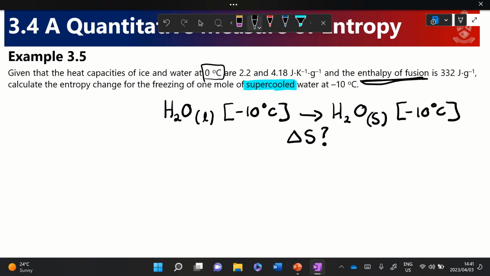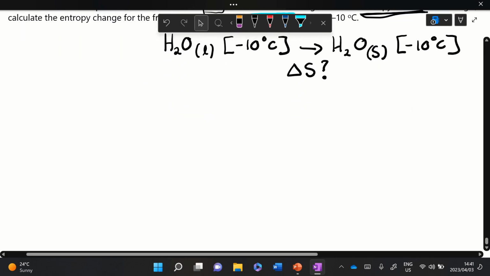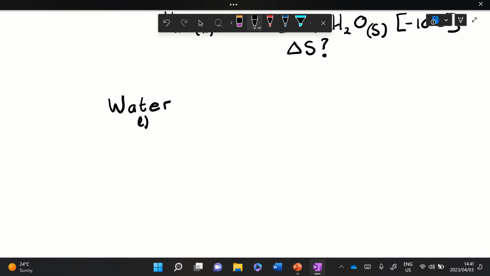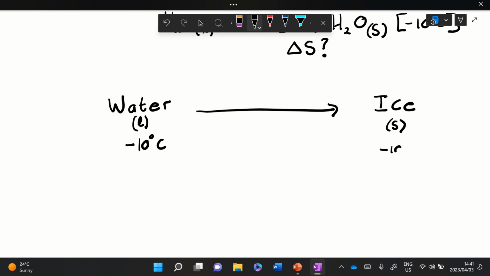Well, this delta S that we're looking at here, if we draw a little sketch to help us: water liquid at minus 10 degrees Celsius to ice, so that's a solid at minus 10 degrees Celsius, right?